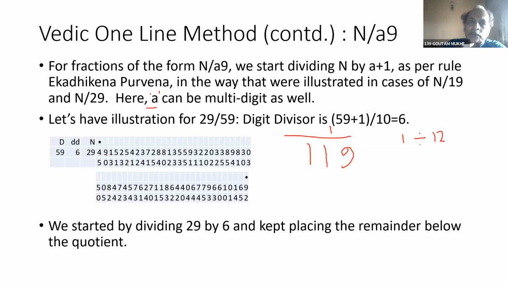Divided by 6 is 9 and remainder 0. And then 9 divided by 6 is quotient 1, remainder 3. This way it goes. In case of 59, it comes up to 58 digits in total here. And I put dots on that.